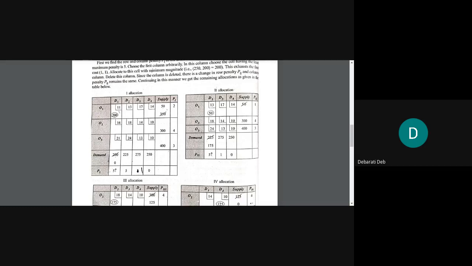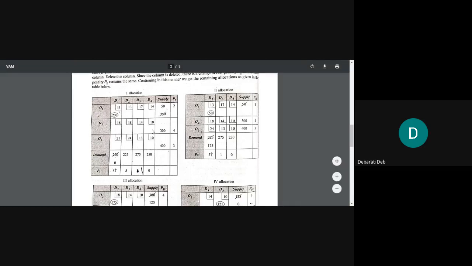Okay. So 13 minus 11 in the O1 row. For the O2 row, it will be 14 minus 10, that is 4. And for the O3 row, it will be 13 minus 10, that is 3. Similarly, we will do the same thing for the column side. In the column side, for the D1 column, the lowest cost is 11 and the second lowest cost is 16.